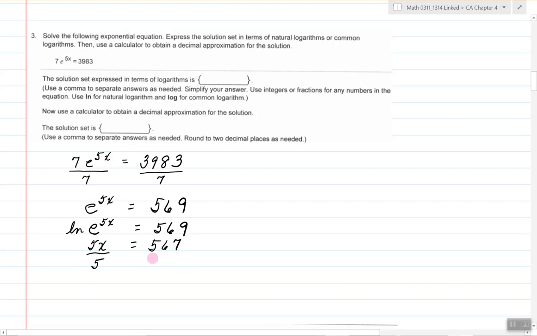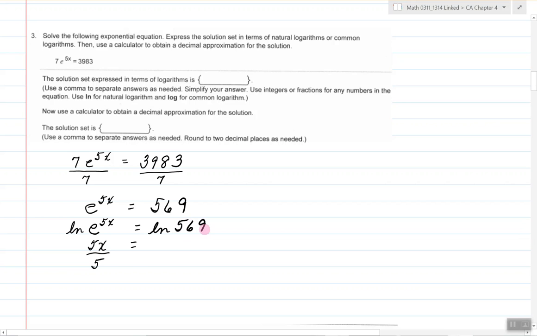Divide by 5, divide by 5. Now this is not going to go in evenly. Oh, I'm so sorry. Hopefully you caught my mistake. I got so caught up in the left-hand side that I did not take the natural log of 569.